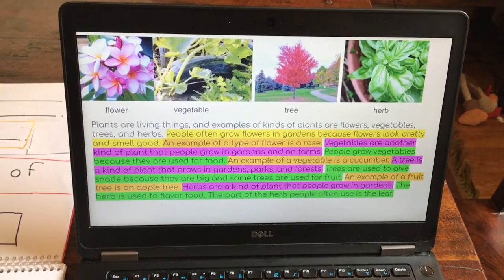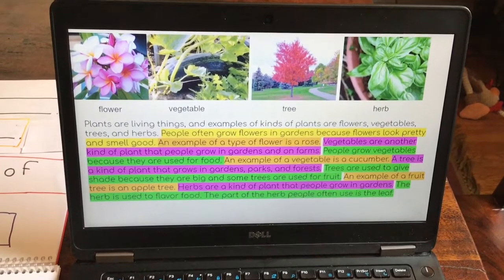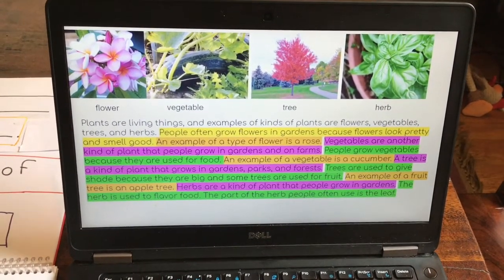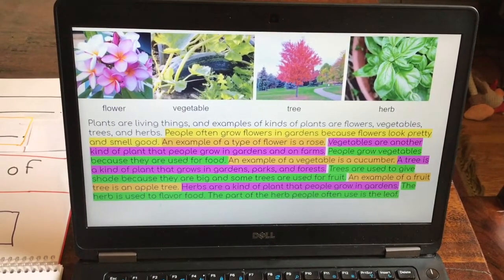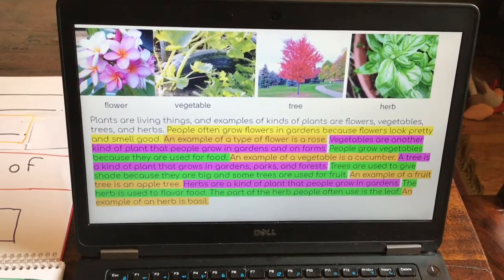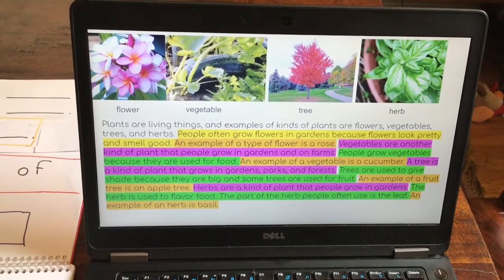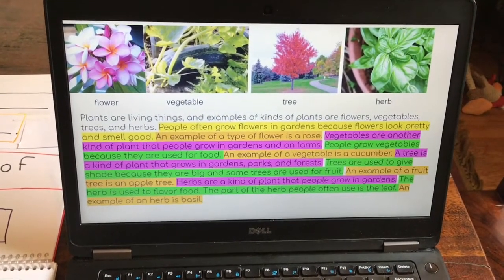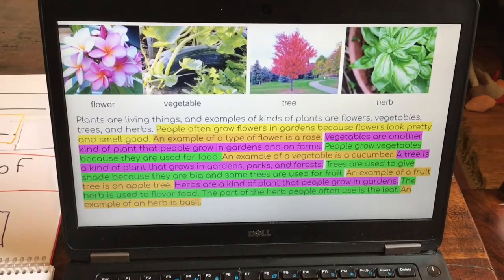The part of the herb people often use is the leaf. And as you can see, again, I've used the use elaboration technique. An example of an herb is basil. And you've got it. That was using the elaboration technique of example.